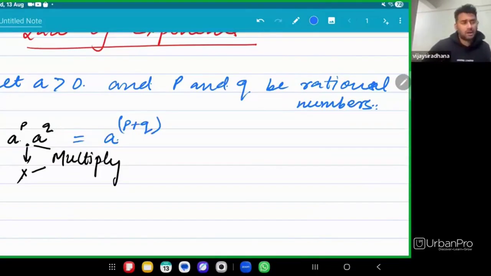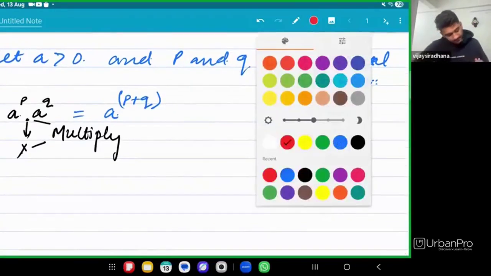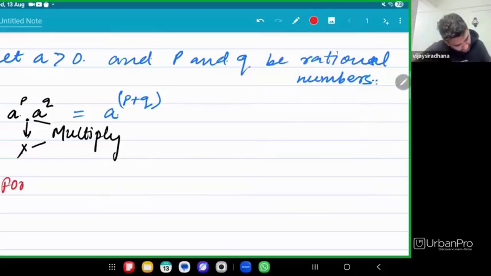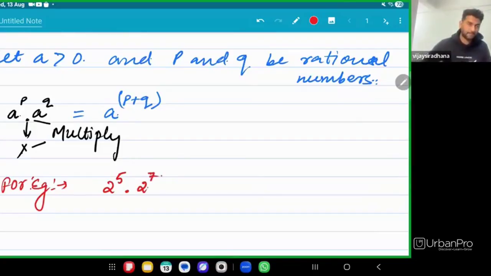I'll give you one example through which you can understand it properly. Suppose there is one question: 2 to the power of 5 into 2 to the power of 7.